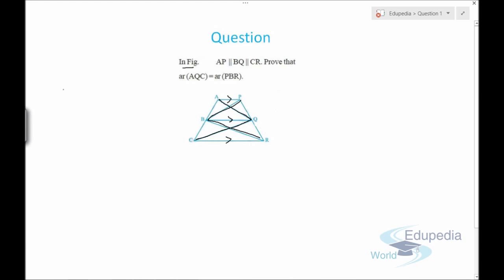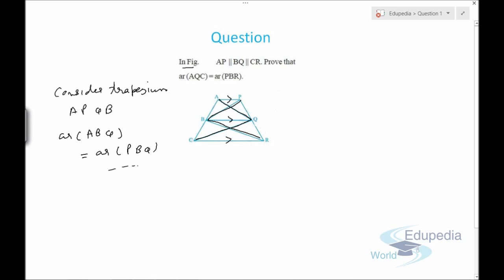Now if you consider trapezium, why is this a trapezium? Because only one pair of sides is parallel, they are not equal. So if you consider trapezium APQB, in this trapezium area of ABQ is equal to area of PBQ.